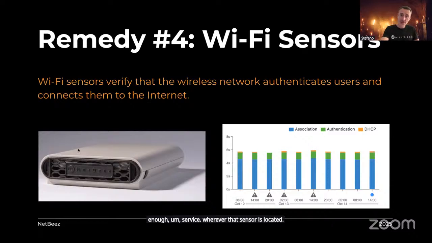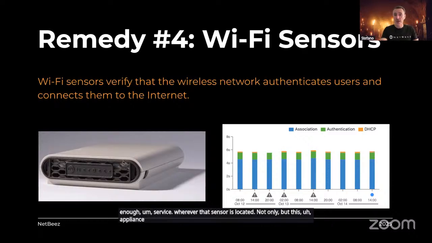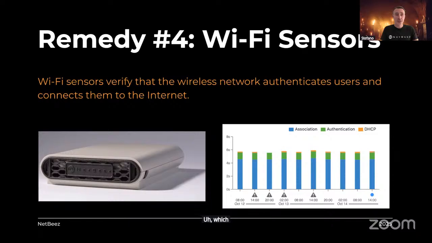Not only that, but this appliance can also do what you see on the right-hand side, which is Wi-Fi connection timing, which is a great tool to see if the overall wireless network can associate, authenticate, and give a DHCP address to the end users.